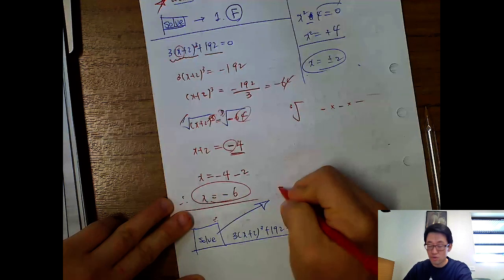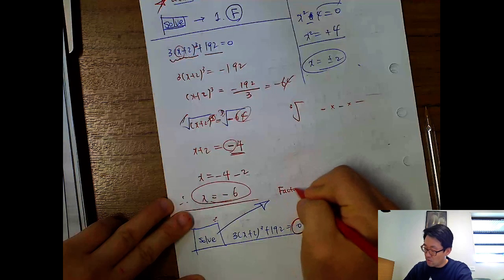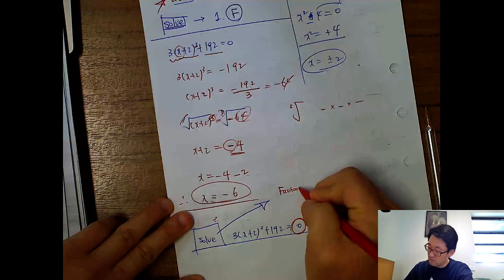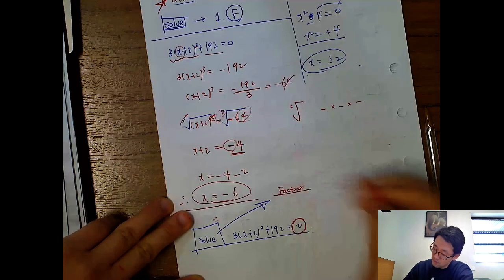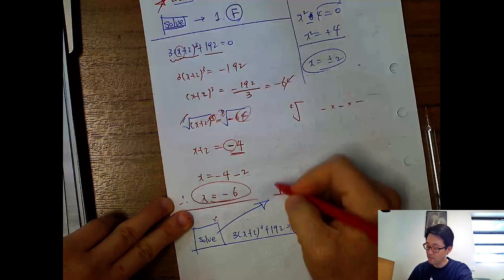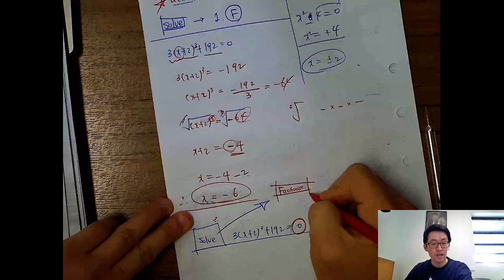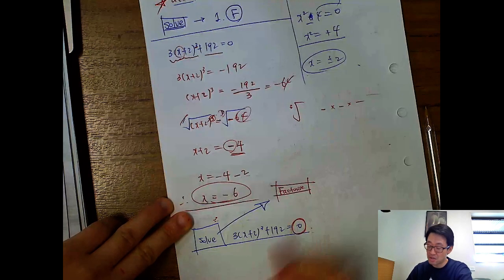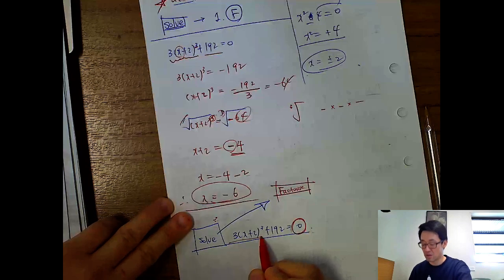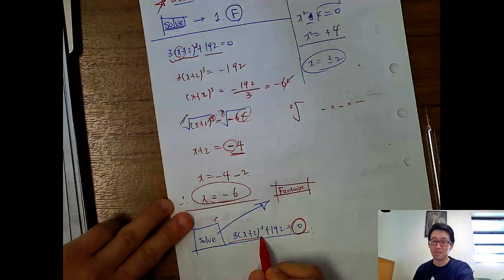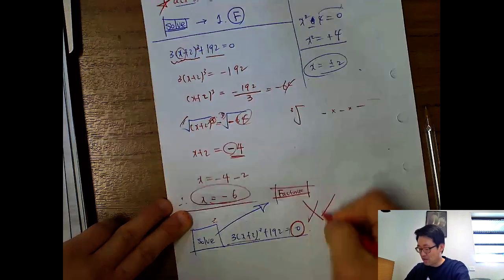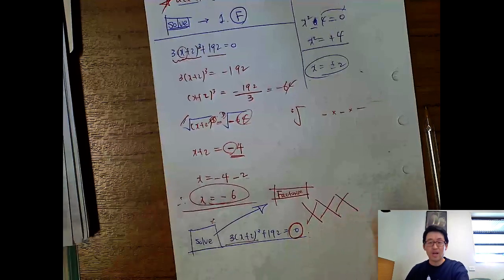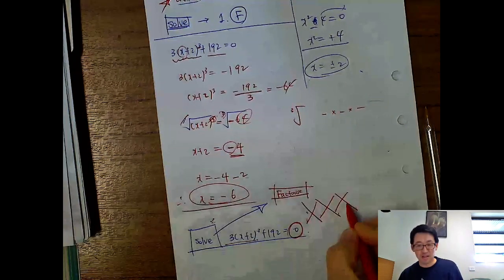The first thing you need to do is factorize. Factorizing is the opposite, inverse process of expansion. So are you going to expand? No. Don't expand it. I'm saying 3 times, don't expand.